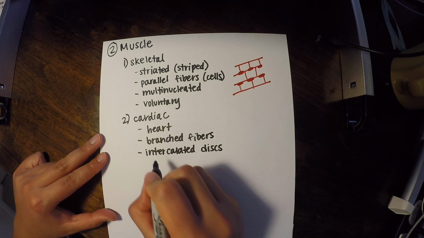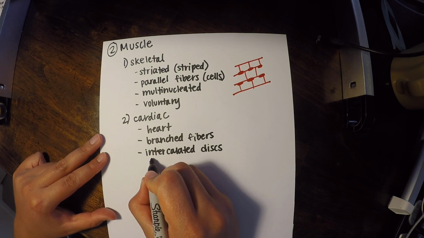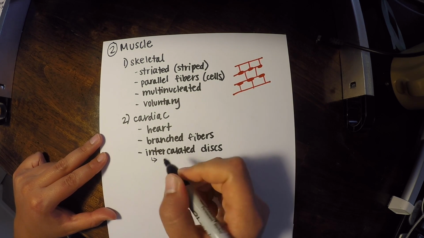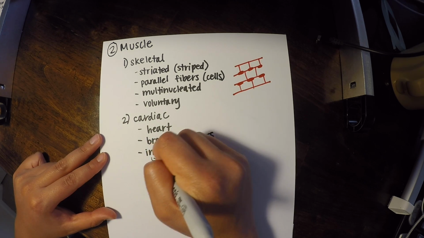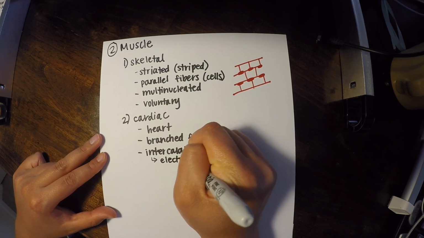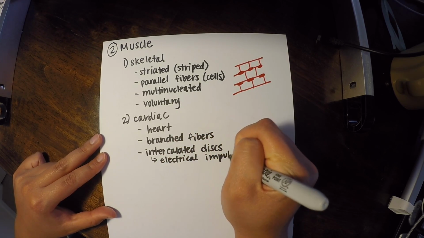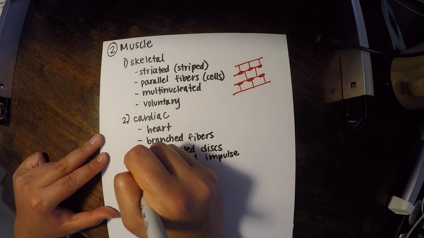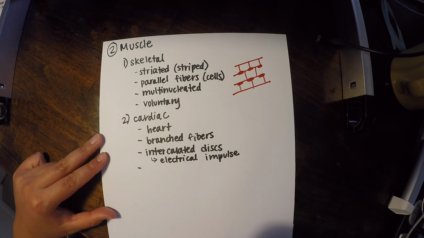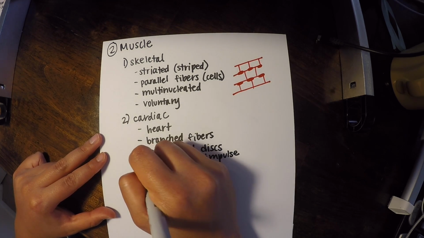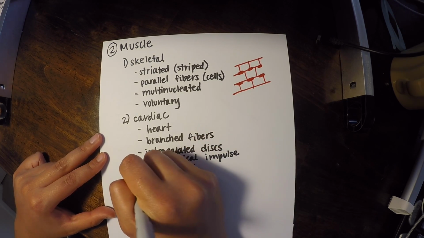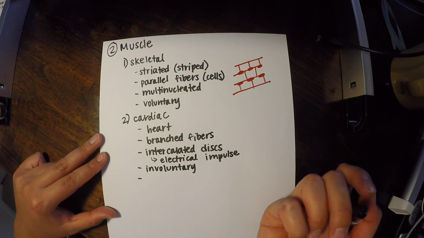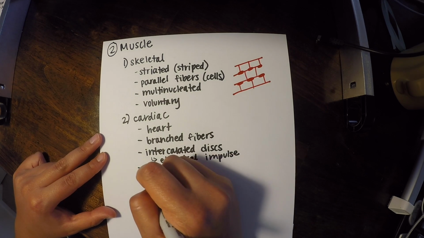And those just allow for electrical impulses to be conducted through these cells. And remember, we talked about this type of muscle is involuntary because you're not choosing when your heart beats. And the cardiac muscle is also striated, so that's similar to the skeletal muscle.